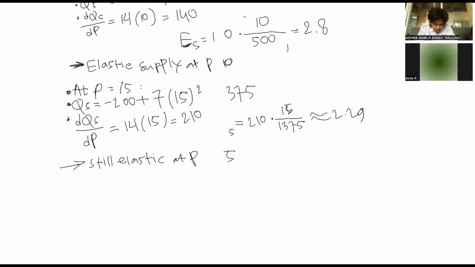Es equals 210 times 15 over 1375, which is approximately 2.29. Still elastic at P equals 15.